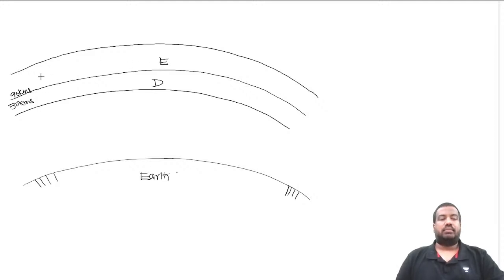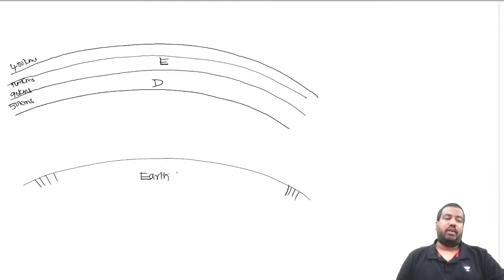E layer, 90 to 140 kilometers. F layer between 140 to 400 kilometers.